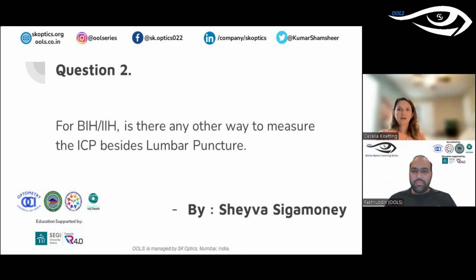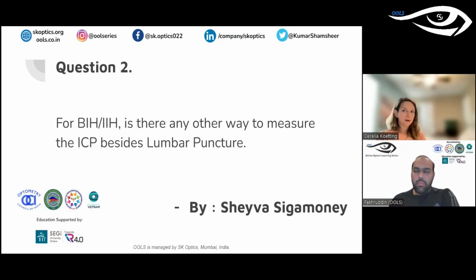So what you're going to find is technically no. Are there indicators? Yes. On your MRI, if a person has increased intracranial pressure, you're often going to see a flattened pituitary, empty sella, and flattening of the posterior globe. So there'll be other indicators that pop up on an MRI to say that they have that.